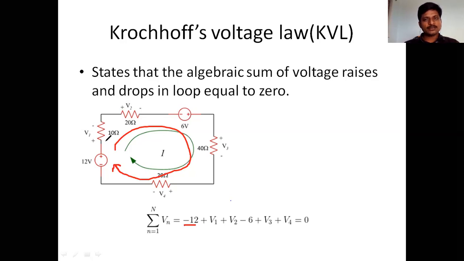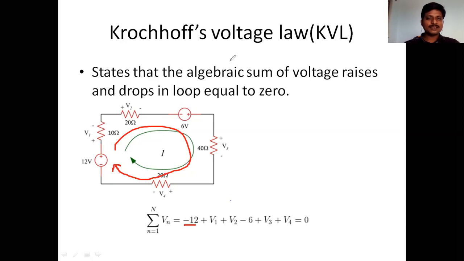But for passive elements, you have to assume that when the current is entering the resistor, you have to take it as positive, or when the current is leaving the passive element, you have to take negative. So this convention is known as passive sign convention. Okay. So remember passive sign convention, whenever current is entering a passive element, you have to take the entering terminal as positive.